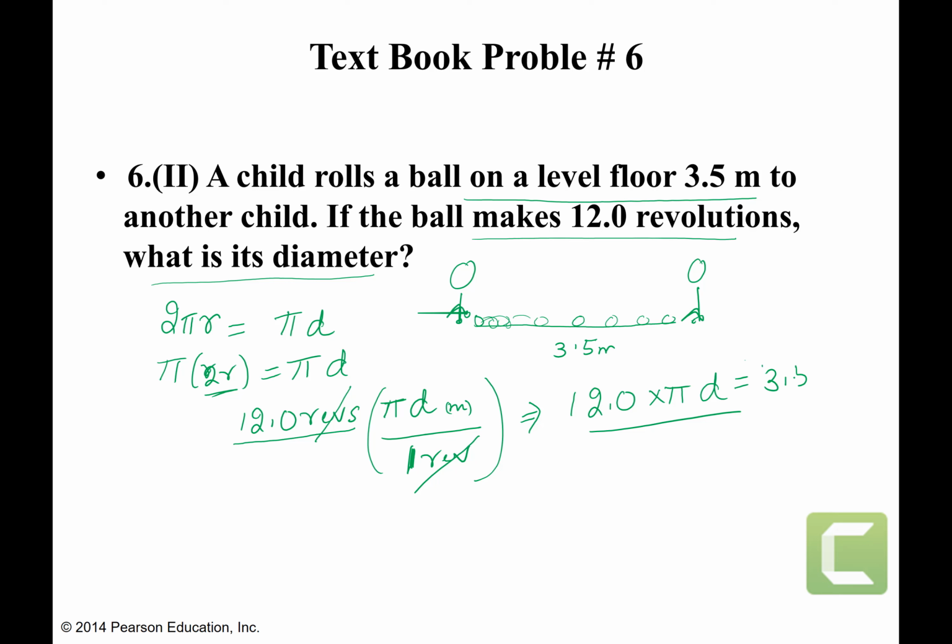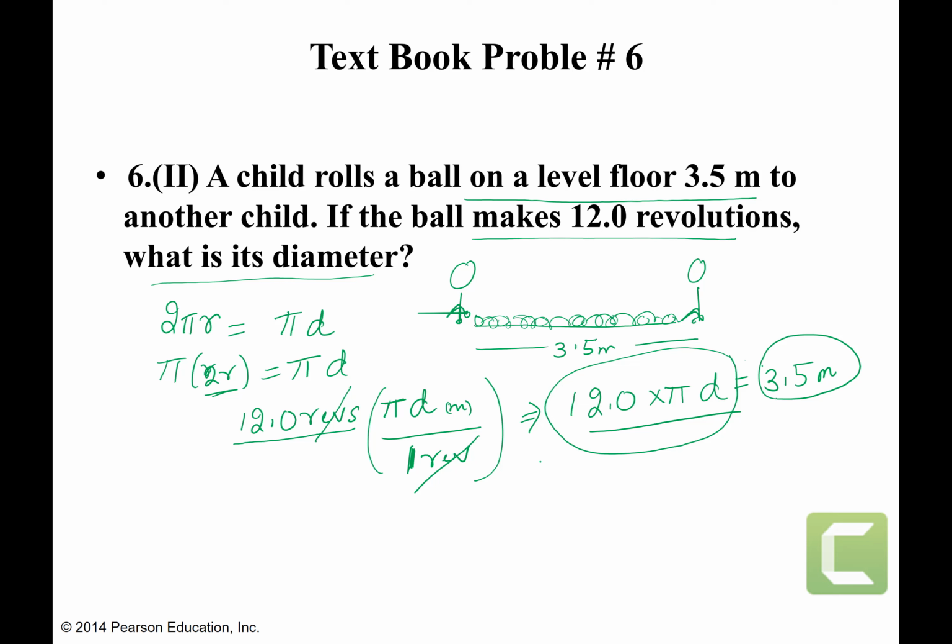So 3.5 meters. You roll this ball, which has a diameter of d, 12 times over this length, 3.5. So basically 12 times this is equivalent to 3.5 meters. Simple. Now this can help me get the diameter of the ball.